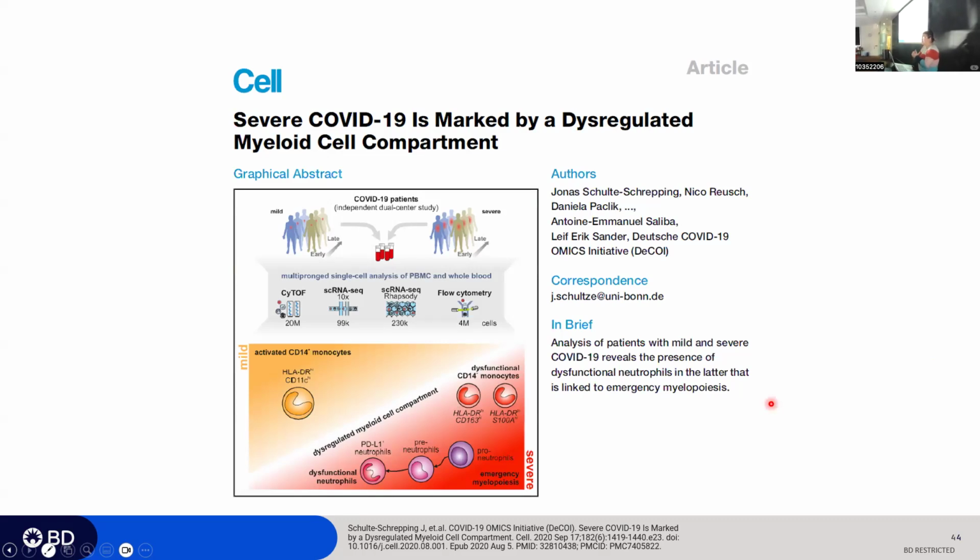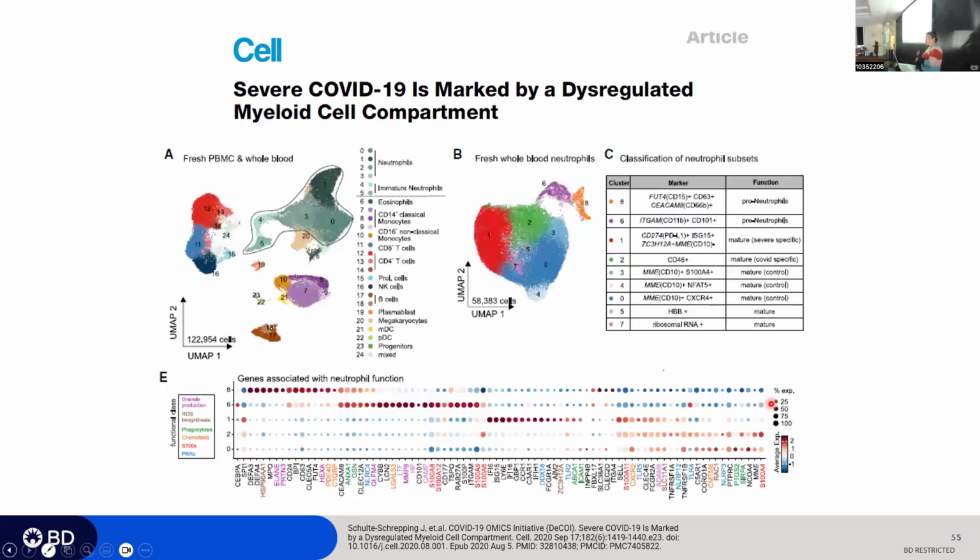In this publication, the group of investigators were interested in determining the differences in immune cell composition and activation in patients with mild COVID-19 symptoms versus severe symptoms. In doing so, they became interested in the myeloid compartments.